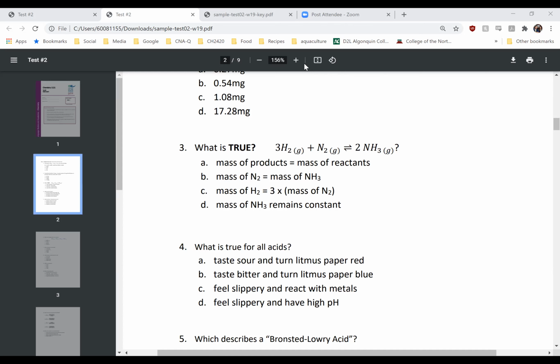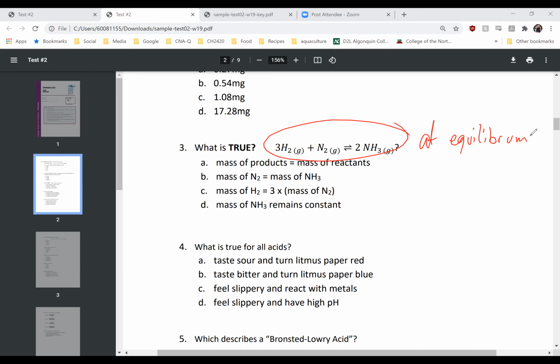I think this is a bit ambiguous, but I can give you some hints. I know what this question is trying to ask: what's true about equilibrium, but it's leaving out the key wording. We're going to assume that this is at equilibrium, meaning it's not being changed by us.